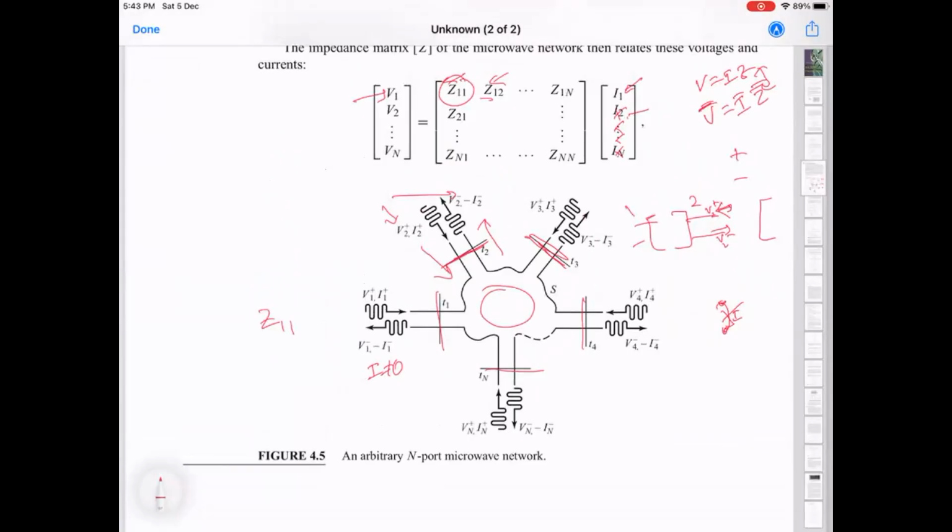Okay, that's a good question. The precise reason why after this we will move to the scattering matrix is because the voltages and the currents, even if they're well defined at a particular terminal, at a port, are not so easy to measure at microwave frequencies.